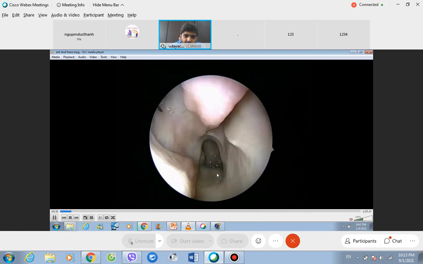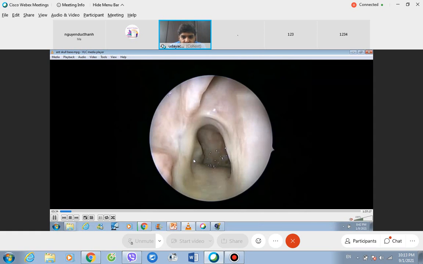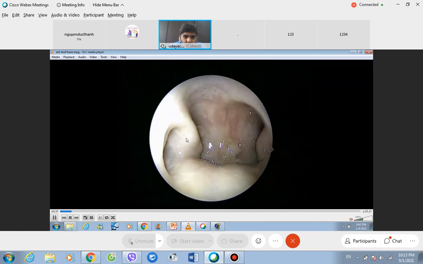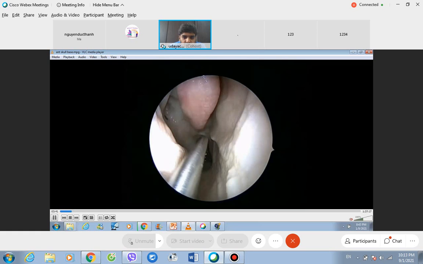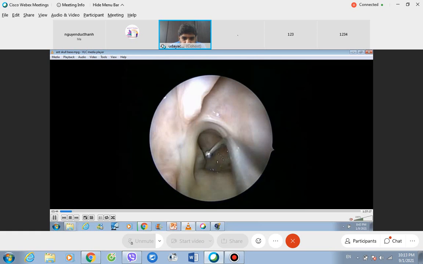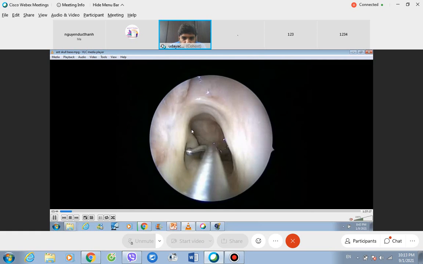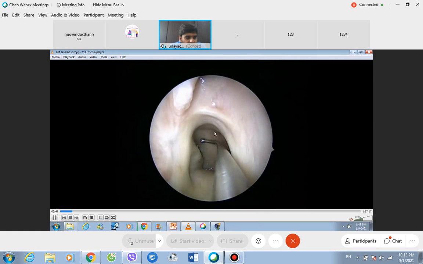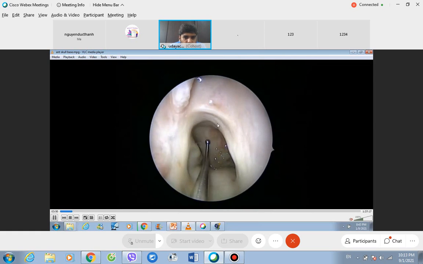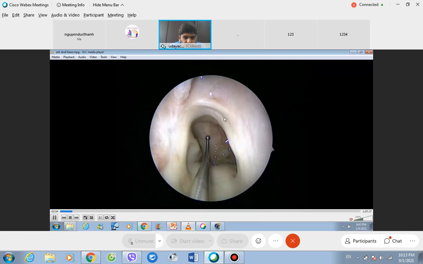Coming to the nasopharynx, this is the nasopharynx, fossa of Rosenmuller, landmarks. This is the eustachian tube, torus tubarius, fossa of Rosenmuller, and area of the adenoids.